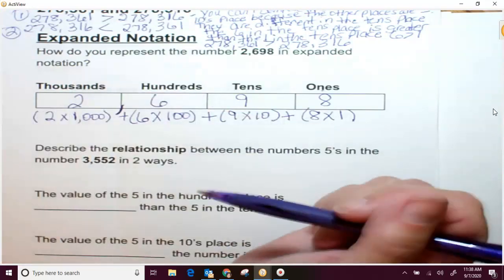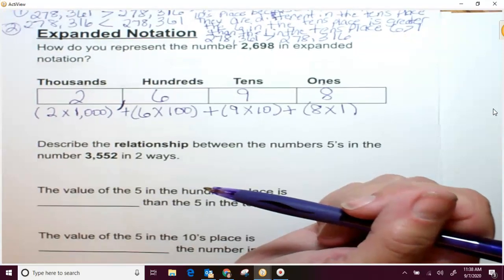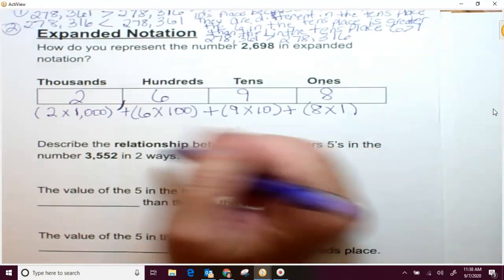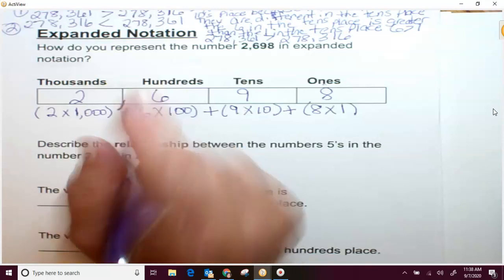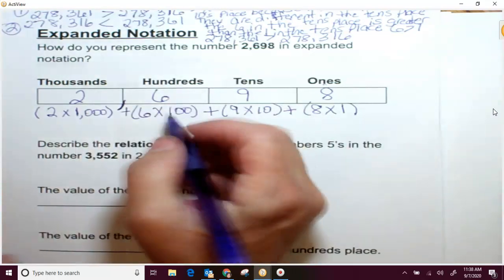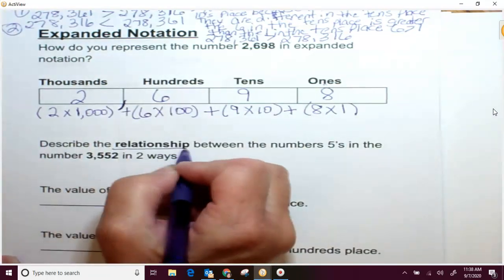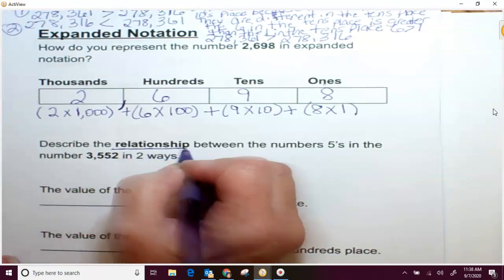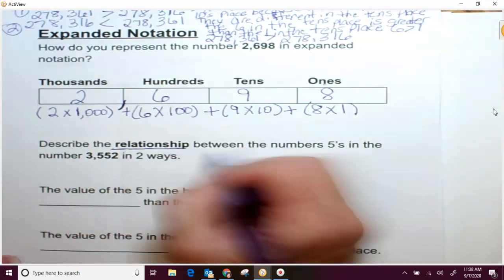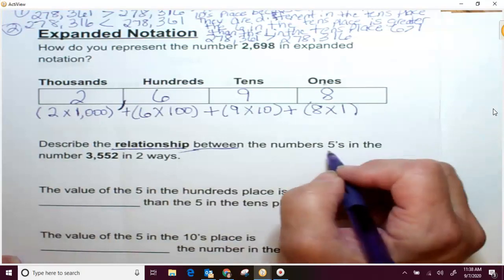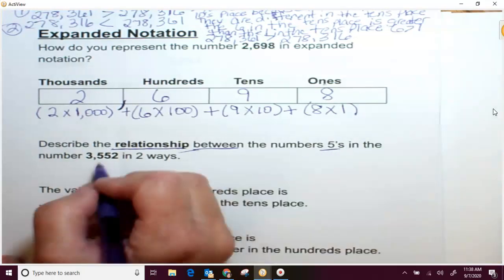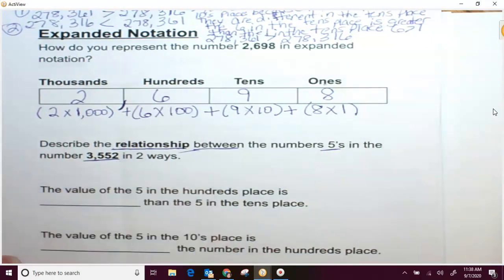All right. So describe the relationship between the number fives in the number 3,552 in 2 ways. Okay. Now, this goes back to our very first 2 lessons. So the relationship between the fives in the number 3,552, thinking about the value and the place values.